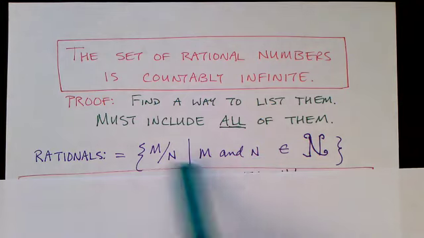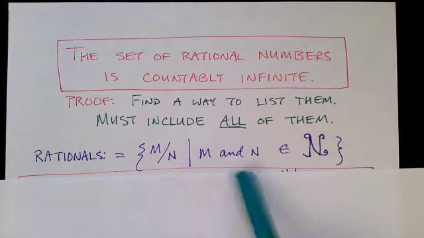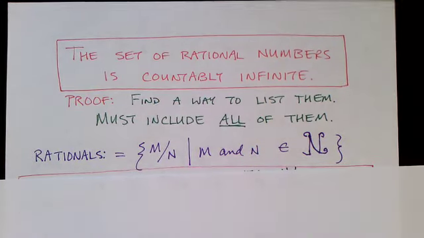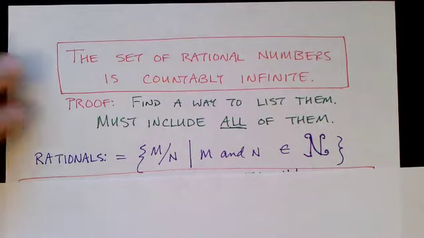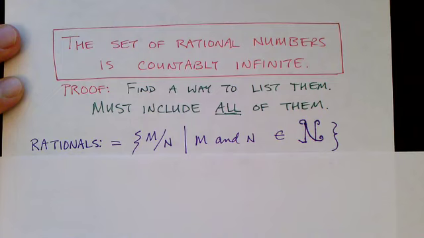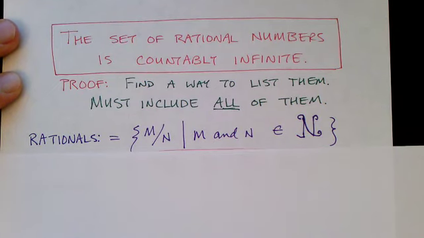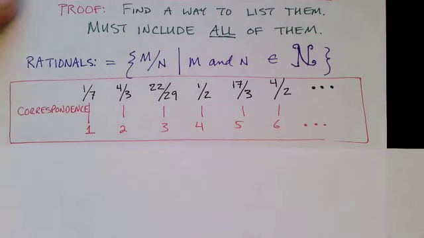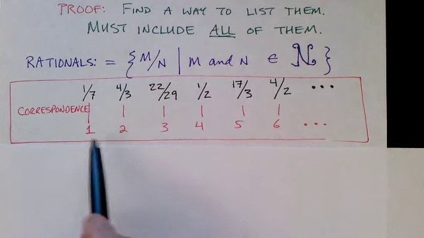Okay, here I'm repeating the definition of the set of rational numbers. And I have left out the negative numbers, which, properly speaking, there are negative rationals as well as positive rationals, but we're just looking at the positives here. And so I need to come up with, in order to make this proof complete, a correspondence.